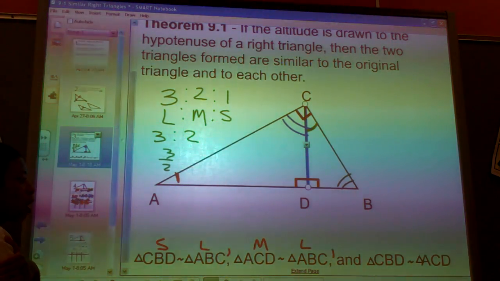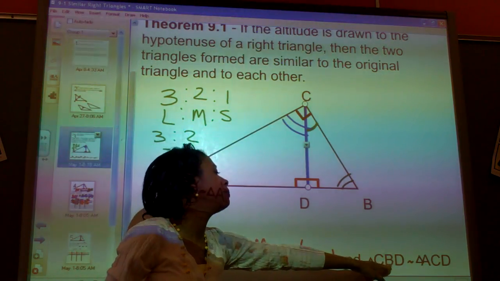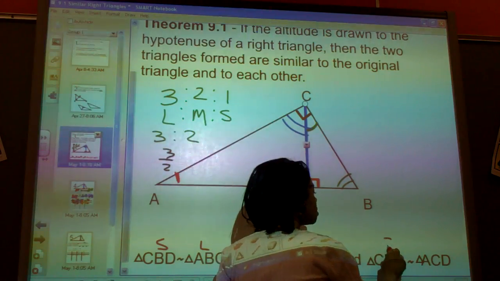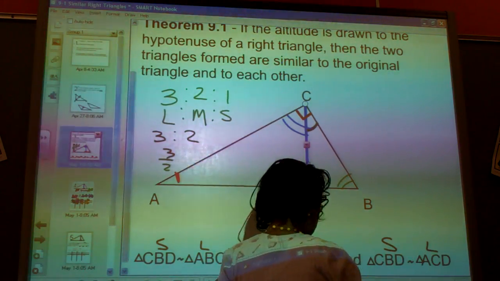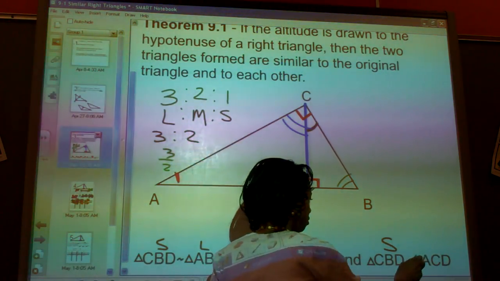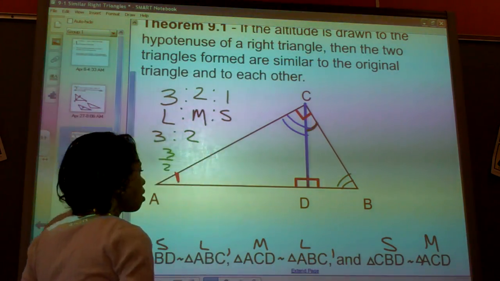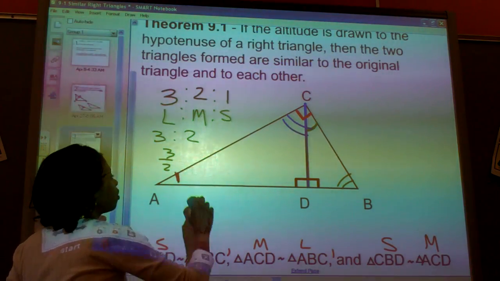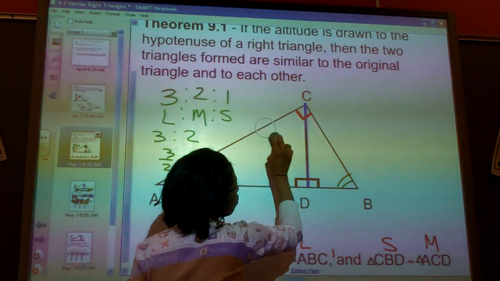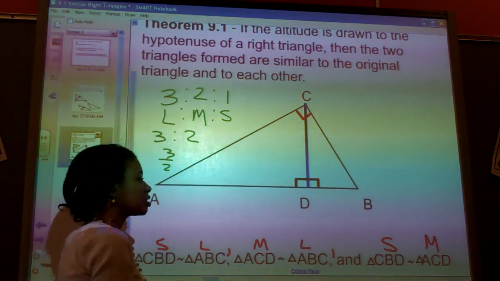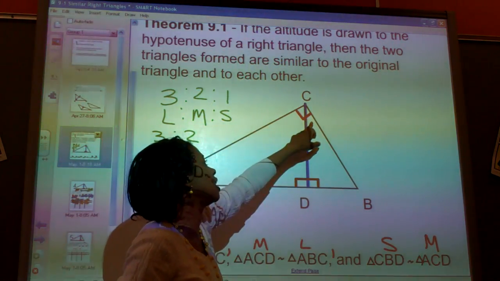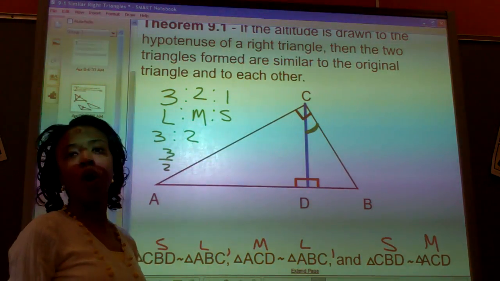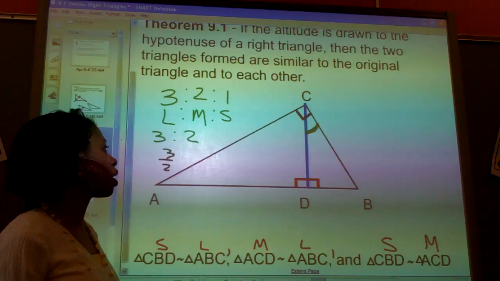Okay? All right, now when I'm comparing triangle CBD to triangle ACD, so I'm comparing now the small to the medium. And there it is, small and medium. Now when I look at small and medium, remember we want to correspond angle to angle. If I start on the small triangle and I say angle C, this itty bitty thing here, where is that angle on the medium triangle?